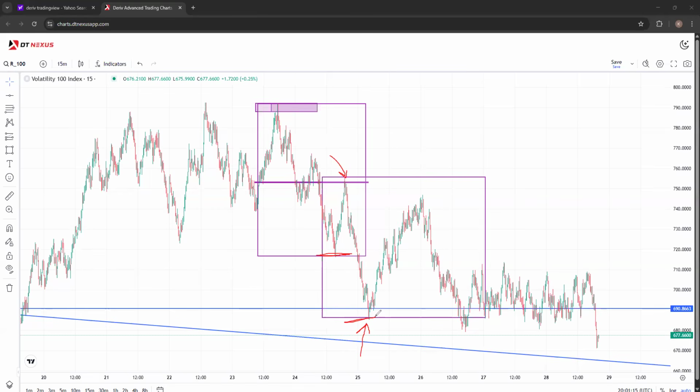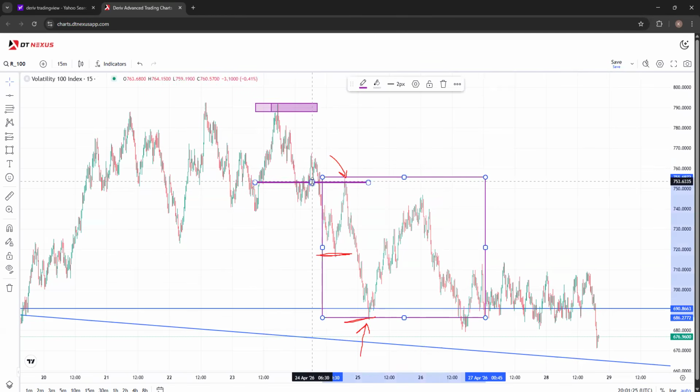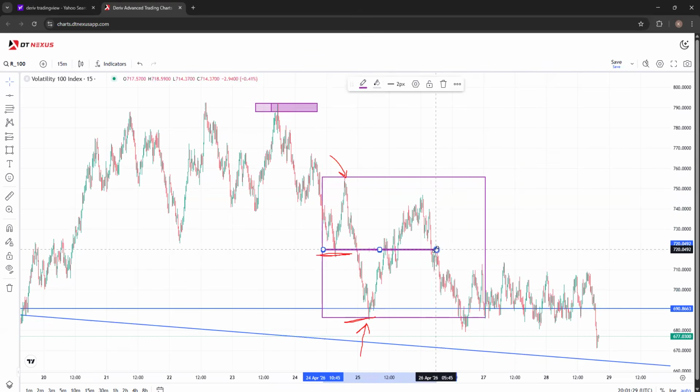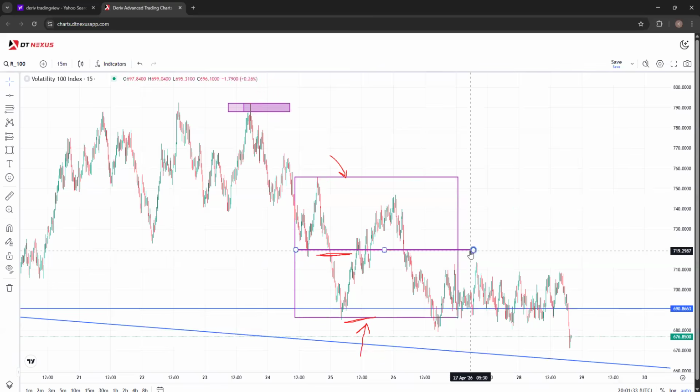So we mark a range or a box, meaning that we can remove this range here, and we mark 50% of this box to demarcate the difference between our new premium and our new discount level, right?